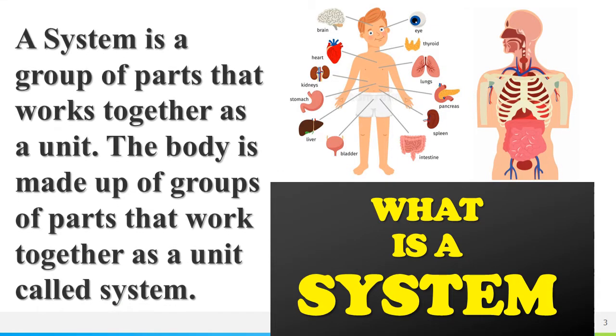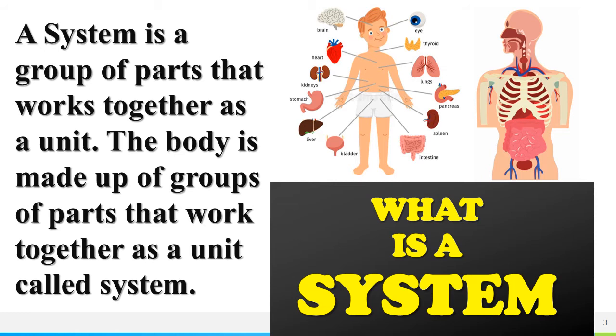A system is a group of parts that works together as a unit. The body is made up of groups of parts that work together as a unit, called a system.